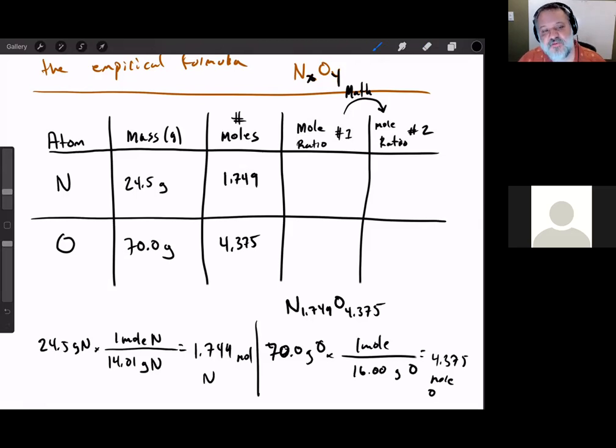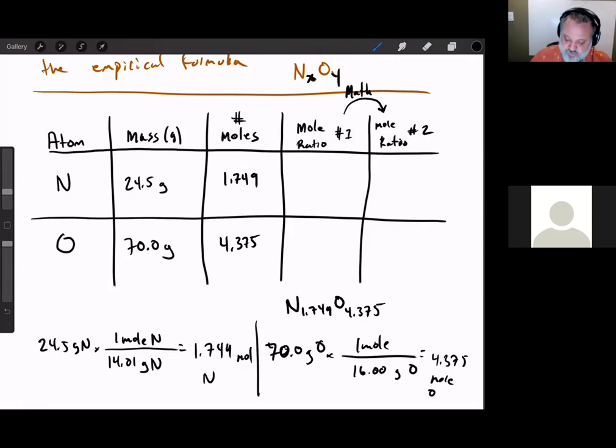Is this a ratio of the atoms contained in this molecule that has nitrogen and oxygen, and is it a molar ratio? The answer is yes, it is the ratio of atoms, but it's not a whole number ratio.